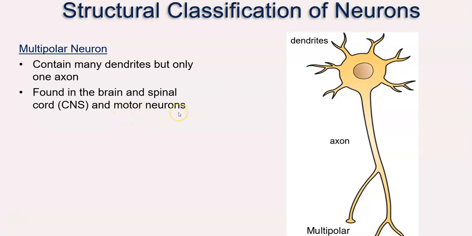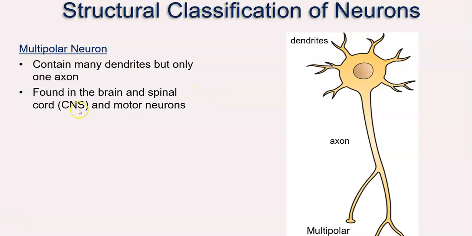All your motor neurons, the ones that are going to fire on a muscle, are multipolar, and those are the ones we will be concentrating on as we head to the muscle system, these firing on it. But what that means is there are many dendrites around one cell body, and it leads to one axon here. Now we do have things coming off the axon, but there's only one central axon. That's called multipolar.